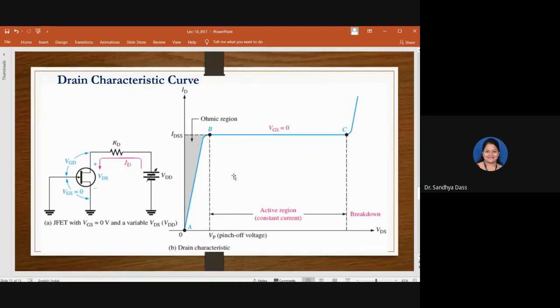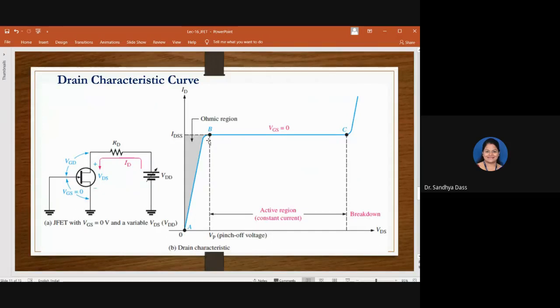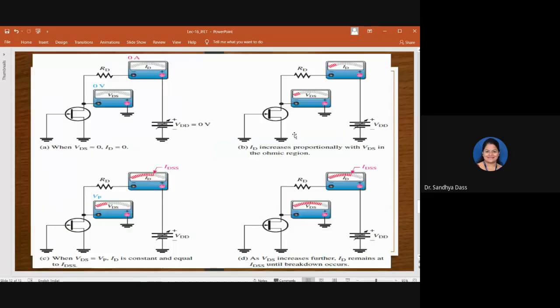When the applied voltage VDS is equal to VP, that is the pinch off condition. As I mentioned, in a practical scenario there will be some constant current, where the drain current will achieve a constant value. This is the condition where the resistance will be almost infinite.